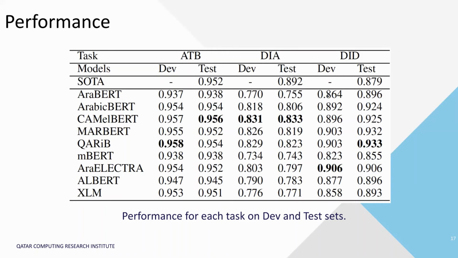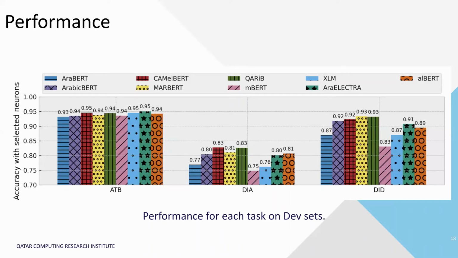Let's look here for a better representation of these numbers. As we can see, this group here is Qarib, Marbird, Camel bird, and Arabic bird.